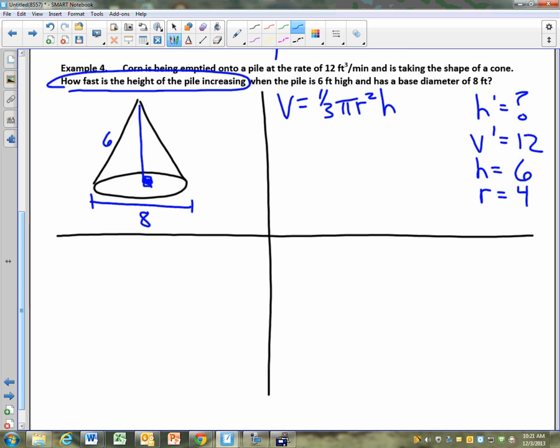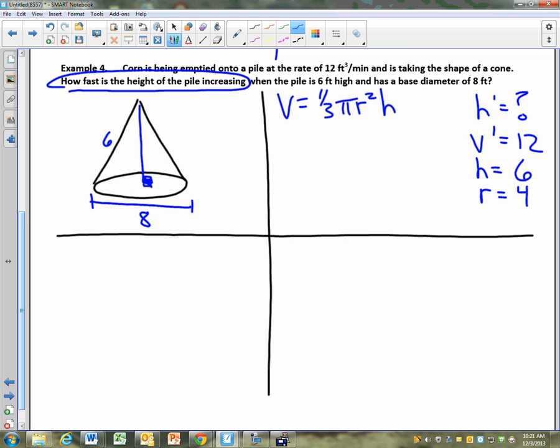So here's the problem. As you continue to work this problem out, if I were to take the derivative of this right now, which rule would you have to use? The product rule.